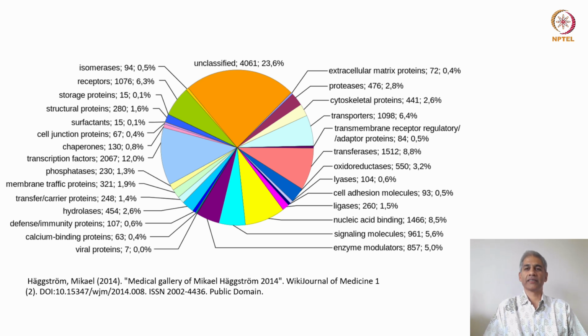But if we look at the proteins for which the function is known, then you can look at the various functions. You have receptors, you have storage proteins, you have structural proteins, transcription factors, cell adhesion molecules, signaling molecules, etc. So this wide range of functions that proteins do within our body can be appreciated in this pie chart.